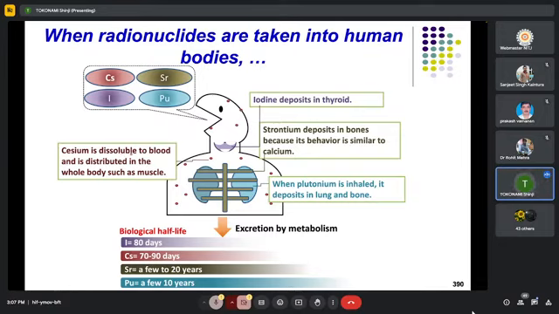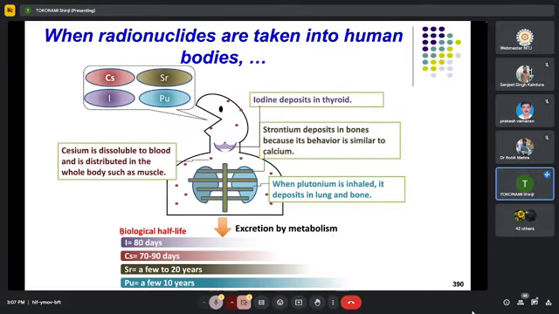Cesium is soluble in blood and is distributed in the whole body, such as muscle. Some radioactive materials are excreted by metabolism.